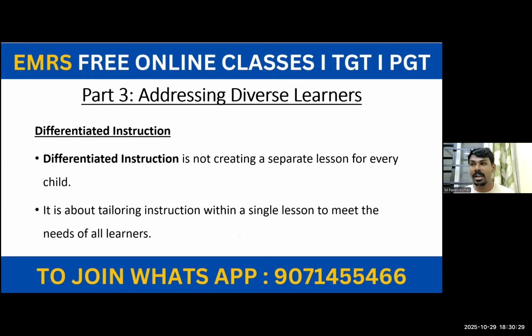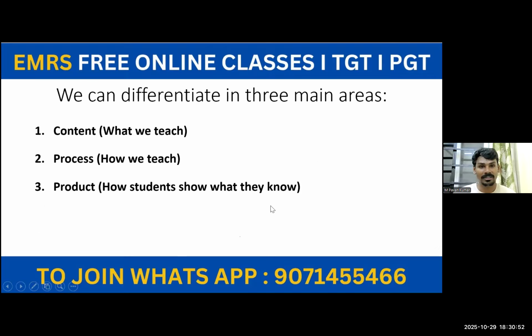And there are different topics in physics too, where you can make them do activities. So what we are trying to say by differentiated instruction is including different types of activities in a single classroom so that all the learners' needs are addressed. It's about tailoring instruction within a single classroom to meet the needs of all learners.